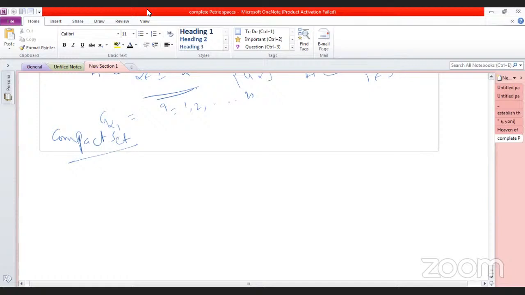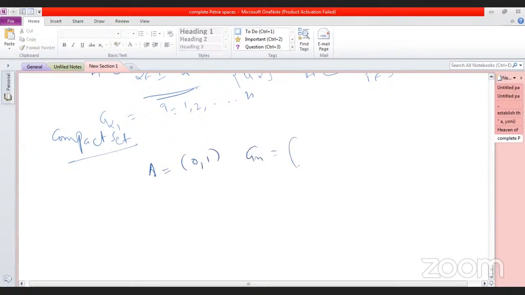So for a compact set, the open subcover condition must be satisfied, that is, a finite subcover must exist. Take A equal to (0, 1). What is the condition?